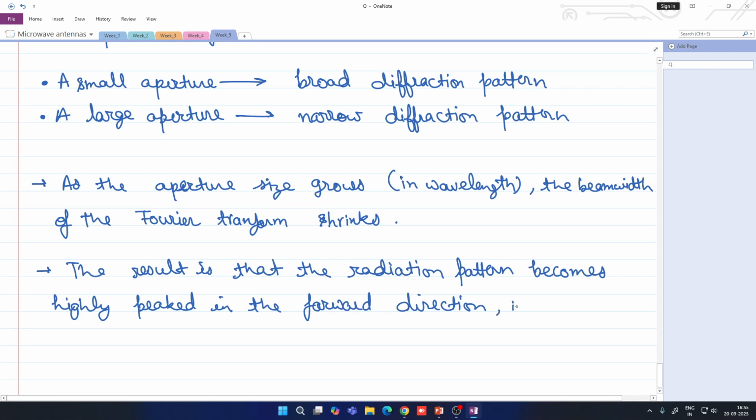That is, a narrow main lobe with higher directivity.